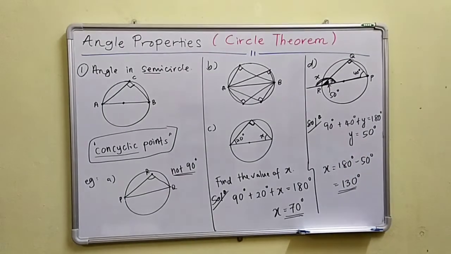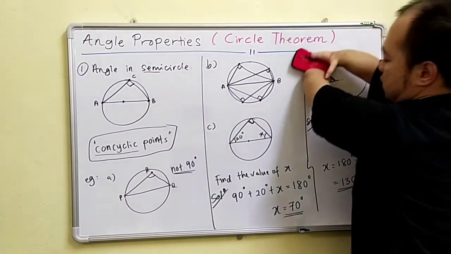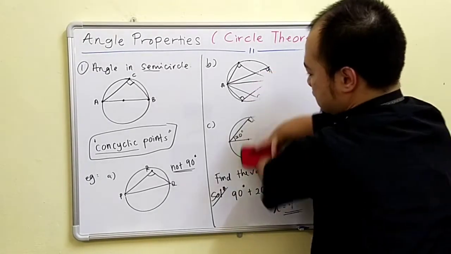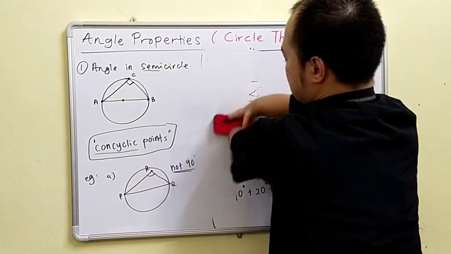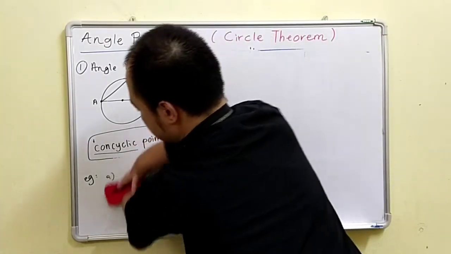The next, what if they have another circle like this?